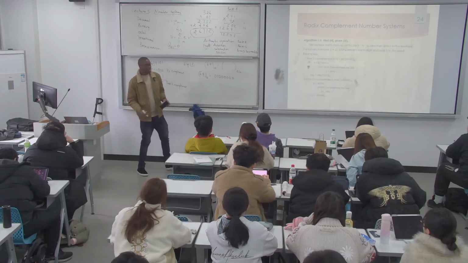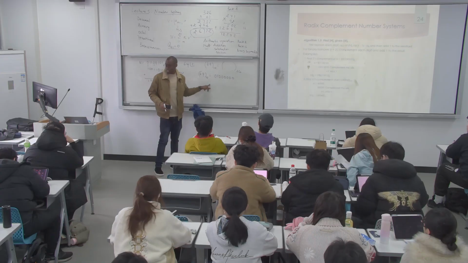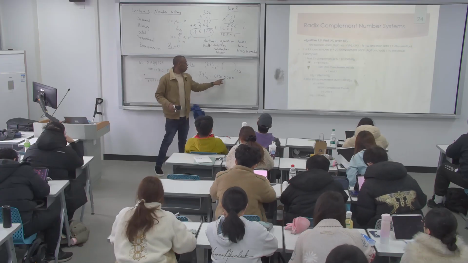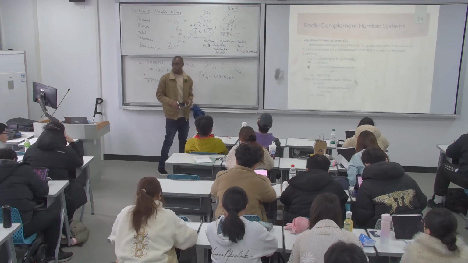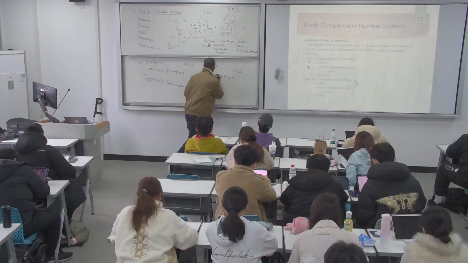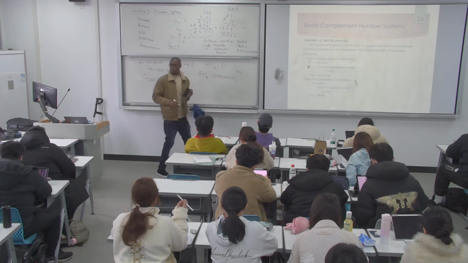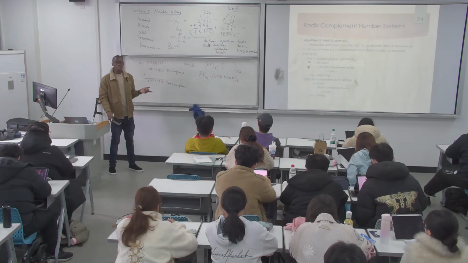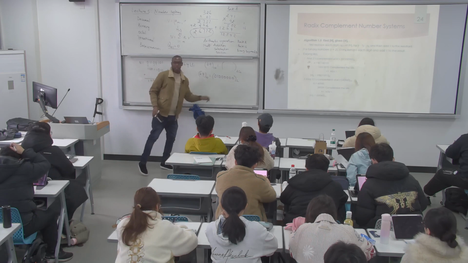Clear? Then you have got 64 in binary. How many bits do you have? 1, 2, 3, 4, 5, 6, 7, 8. So this is 64 in binary. Right? Yes or no? So we have 64 in binary.